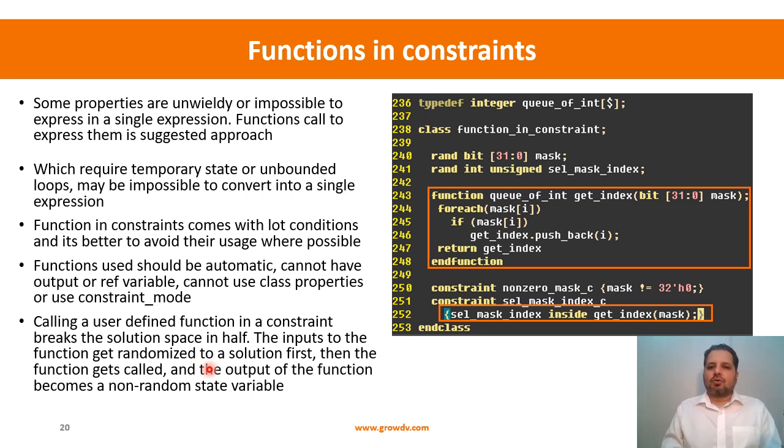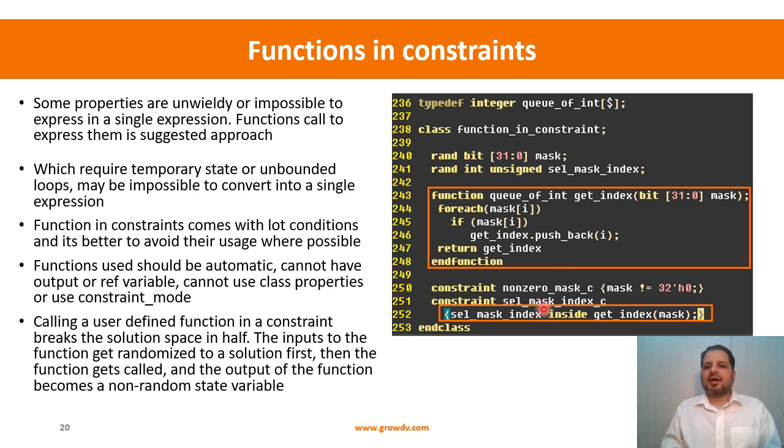But anyway, let's look at an example to understand how it works. What we have done is, we have one 32-bit mask, and we want to pick one index variable which randomly selects a position where the mask is set.